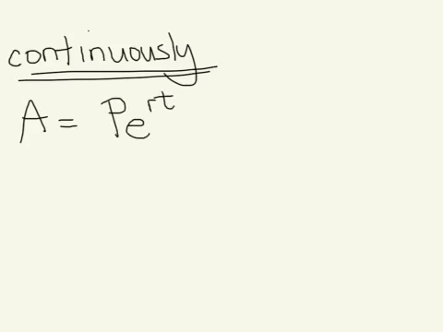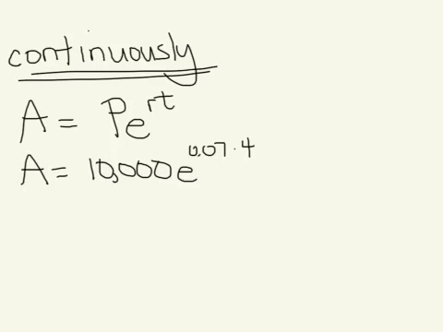So let's use the same requirements as the last one, except for continuously this time. So we're going to start off with $10,000. E, of course, is the exponential function, so you just leave it as itself and you'll have an E button on your calculator. And then to the RT power, which would be 0.07 times 4, because 4 years.